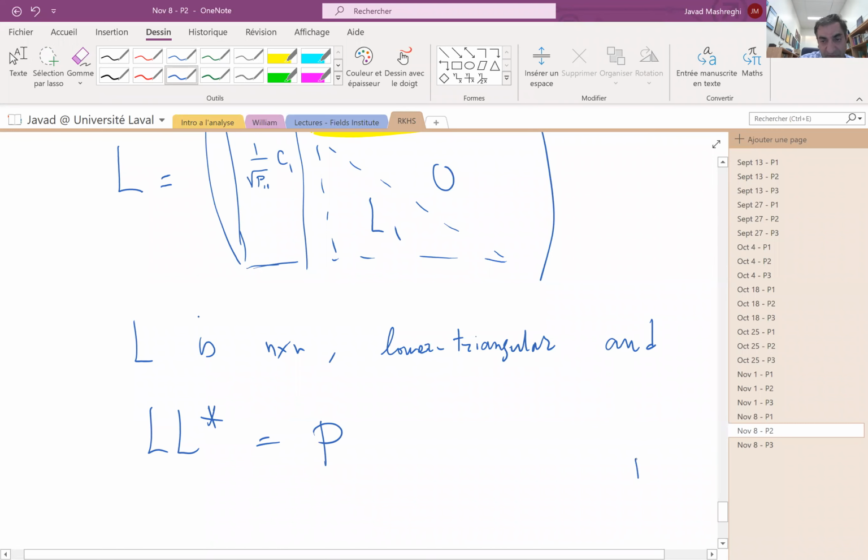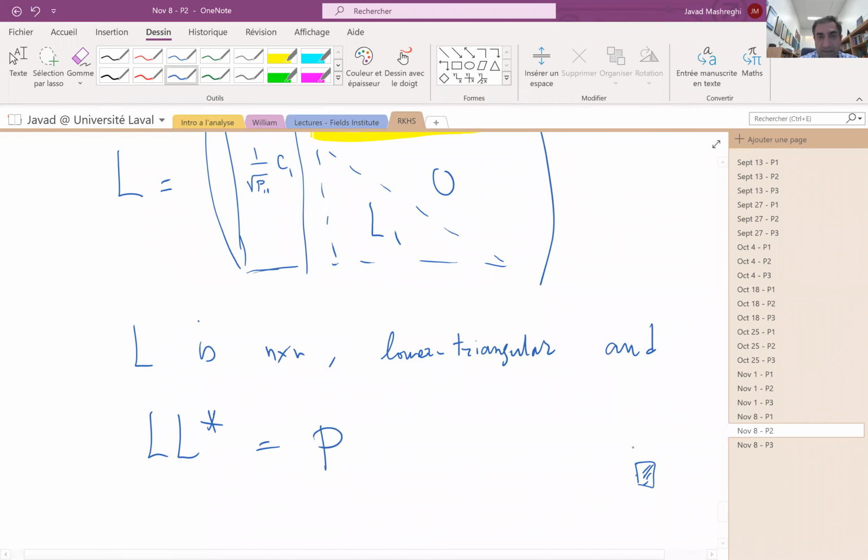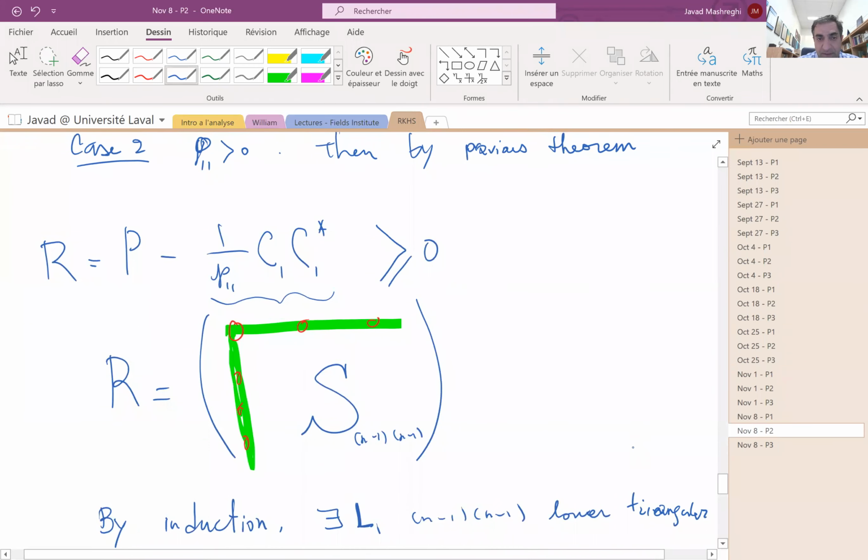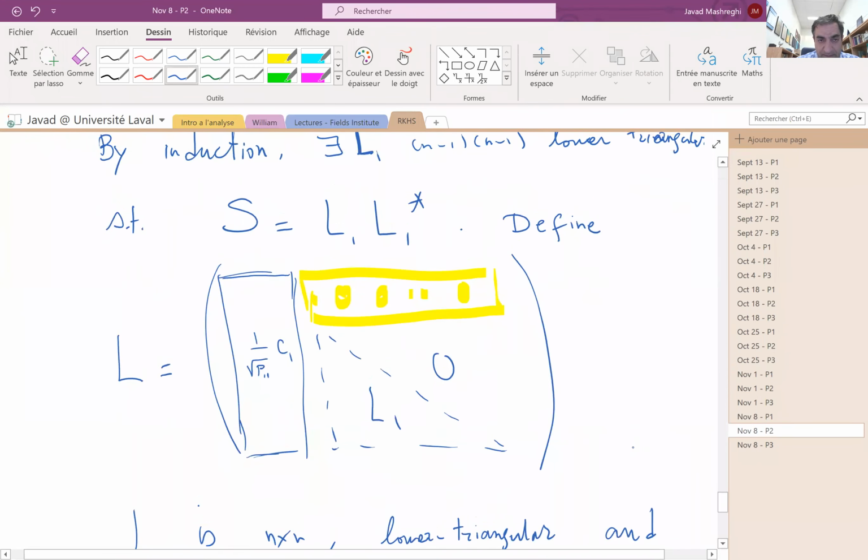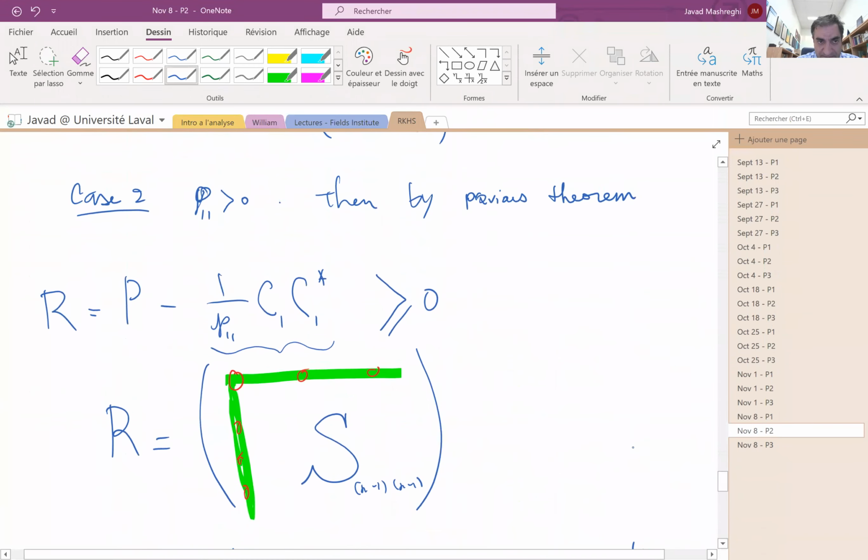In a sense, this finishes the proof, but there is more in the proof than stated in the theorem. And the more is what we see here. We start with P. We do P minus 1 over P11, C1 C1 star.